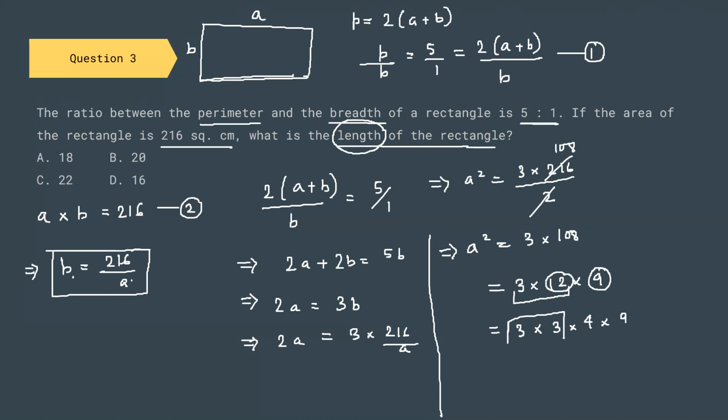So 3 square into 2 square, and 9 is again 3 square. If we find the square root of this number, we are going to get 3 into 2 into 3, that is 9 into 2, that is 18. So the length of the rectangle is 18 centimeter.